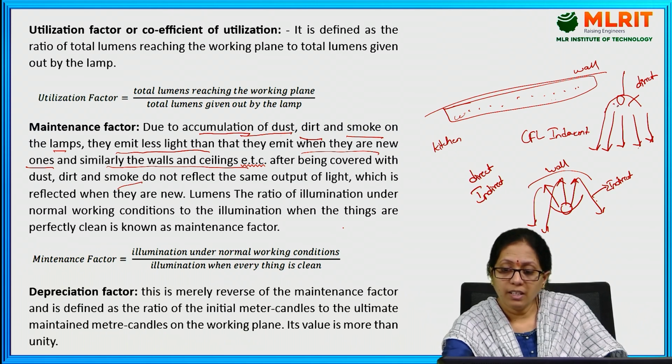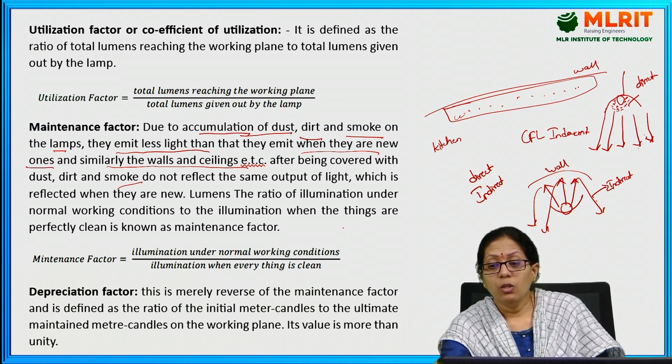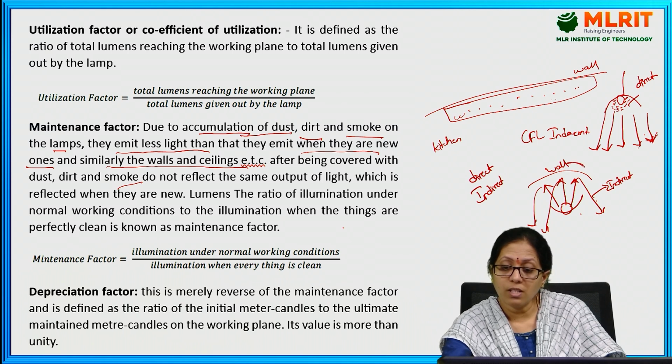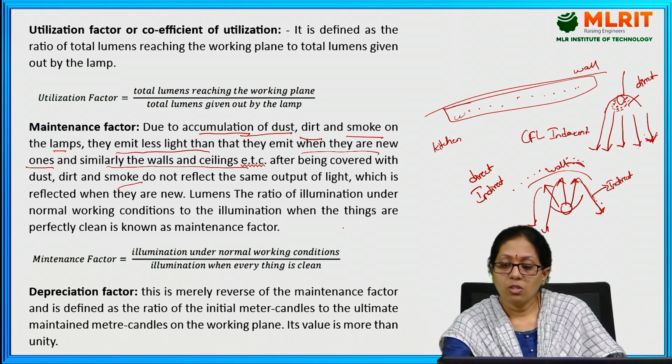In direct lighting, if any dust or smoke is present on the bulb, the brightness reduces. And in indirect lighting, if any dust is present on the walls, then the lumens of this reflected light also reduce.